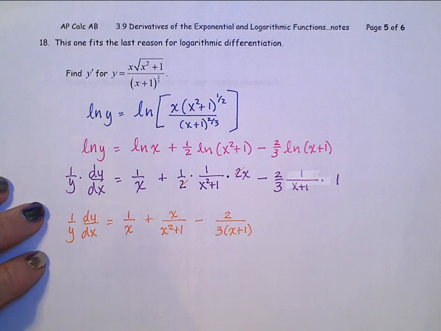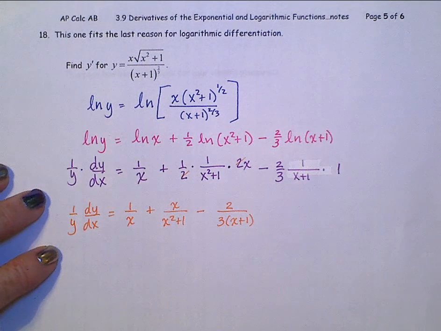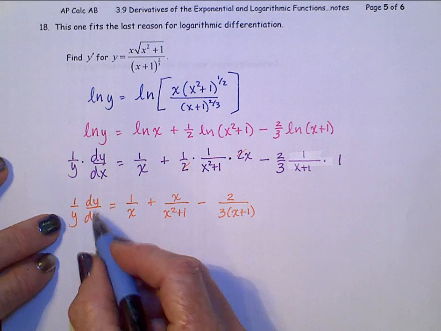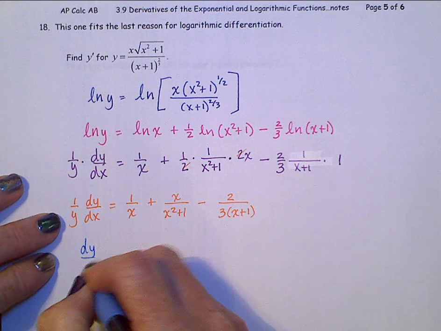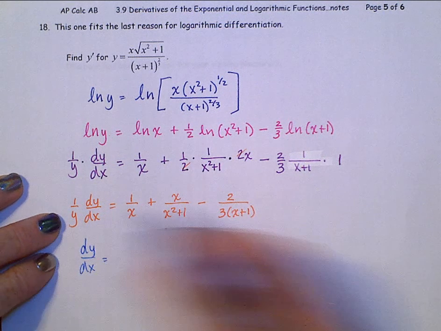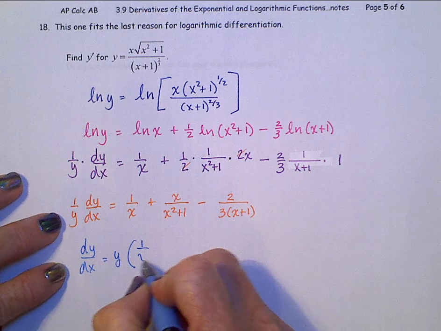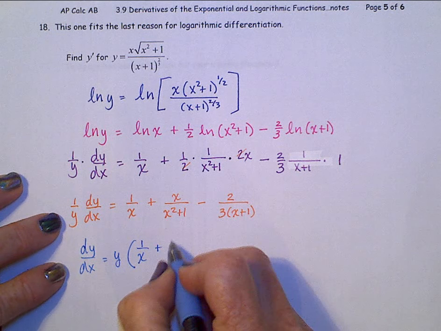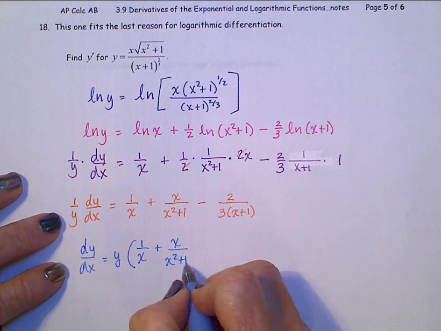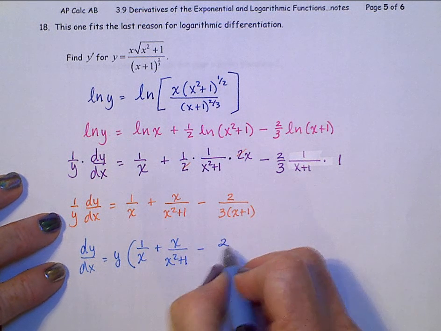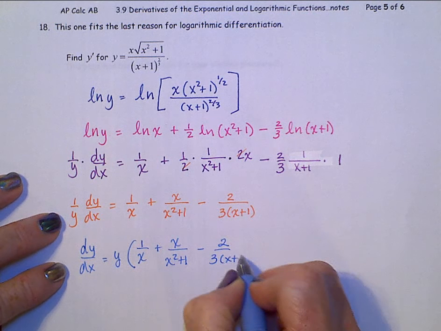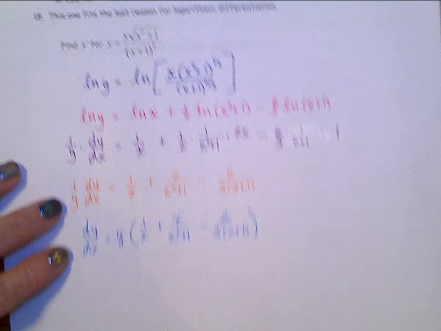Alright, now let's go through and solve for dy dx, which means we're going to pull that y over. So y times this big mess, 1 over x plus x over x squared plus 1 minus 2 over 3 times an x plus 1.